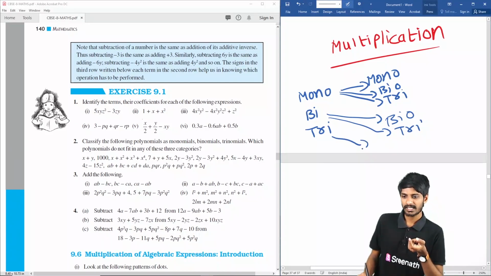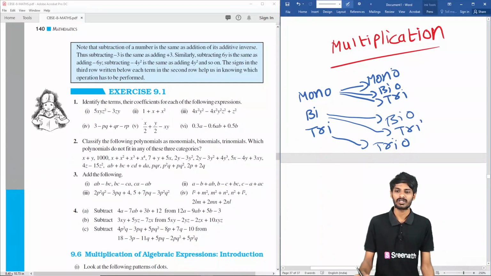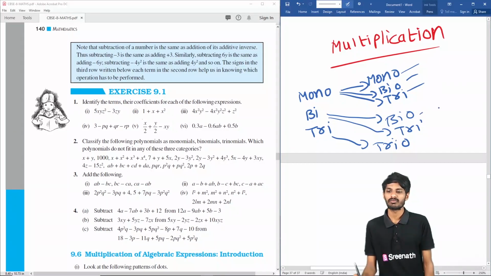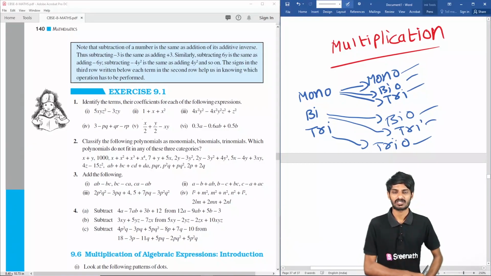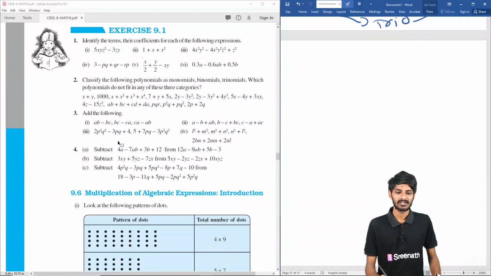And next, the case is multiplying trinomial with trinomial. So these are the types of multiplications we are going to see moving forward. Okay, students, 1, 2, 3, 4, 5, 6 types of multiplications we are going to understand here. Okay, we will start the discussion.